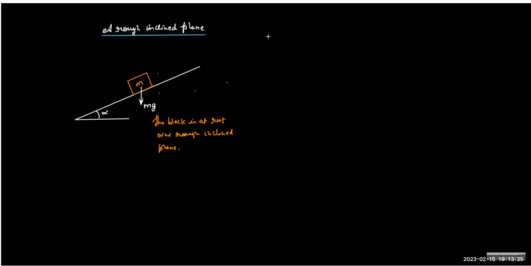If two forces are acting on an object and it is at rest, then both forces must be opposite to each other and equal in value. So how must the R be acting on this block? Can you guess? R must be upwards, acting exactly upward like this.